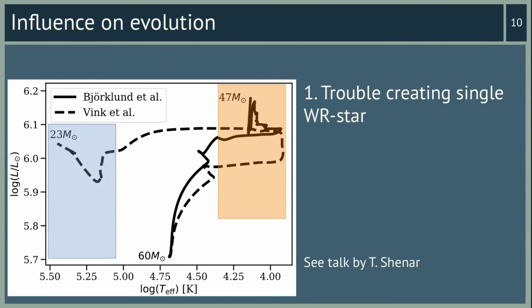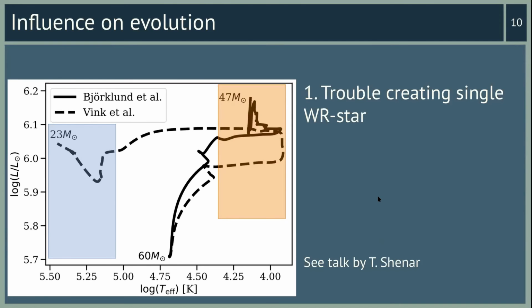One of them is that if we use our reduced mass loss rates, in this solid line, we see that the star ends up on the cooler side of the HR diagram, and thus it does not have enough mass loss to strip its hydrogen-rich envelope to form what we call a Wolf-Rayet star. So we seem to have trouble creating Wolf-Rayet stars through a single star channel. Of course, these stars could also be stripped through binary interaction, but for a more empirical approach to this topic, I advise to look at Tomer's talk.